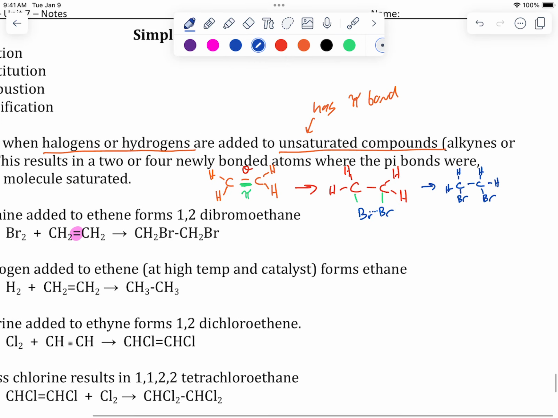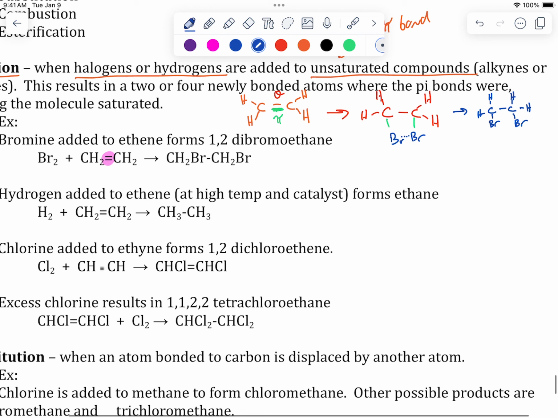Okay. Now, I showed this happening with bromine, but commercially, one of the most common uses of this is what's called hydrogenation. So, same thing, carbon double bond to carbon, but we're adding hydrogen this time.